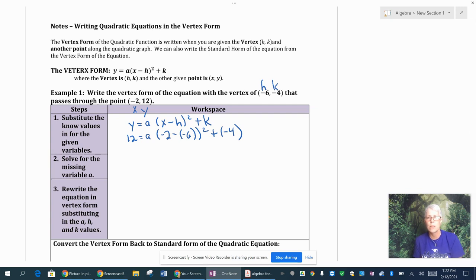Let's clear out all those negatives and work our way through this equation so we can get it in vertex form. The first thing I can do is -2, and this becomes a +6 squared, and this is a -4, so I've cleaned it up a little bit. I can take care of what's in the middle.